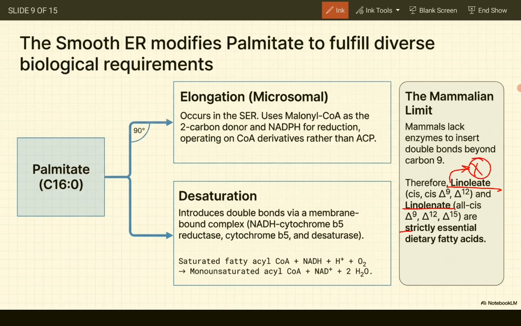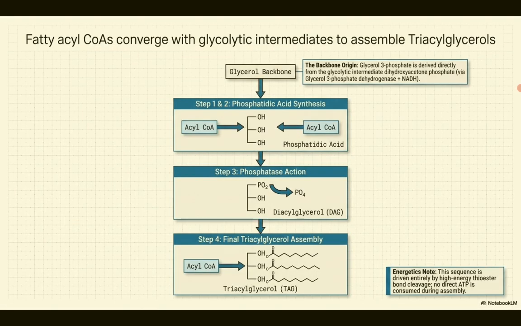So they become essential dietary fatty acids. You have to take them in your diet, because they become the precursor molecules for the production of a lot of fatty acids that have double or triple bonds after carbon 9, which cannot be produced in the body. So these have to be taken through diet for the production of lots of other molecules.